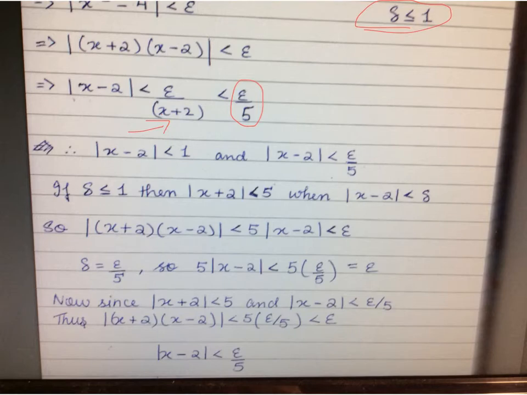So what you want to do from here is set it up that x is going to be between 0, because delta has to be positive, and 1, because you've said that delta has to be at least smaller than 1. And so what we're looking to solve is actually x plus 2.